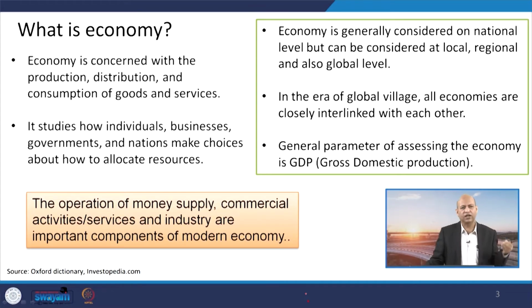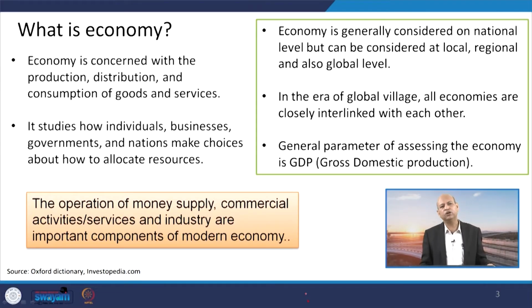And in this era of globalization, or the global village as we sometimes call it, all the economic activities are interrelated with each other. All the economies, developing or developed, are closely interlinked with each other. They exchange goods, import and export, whether it is services or people or products or so many things, right.